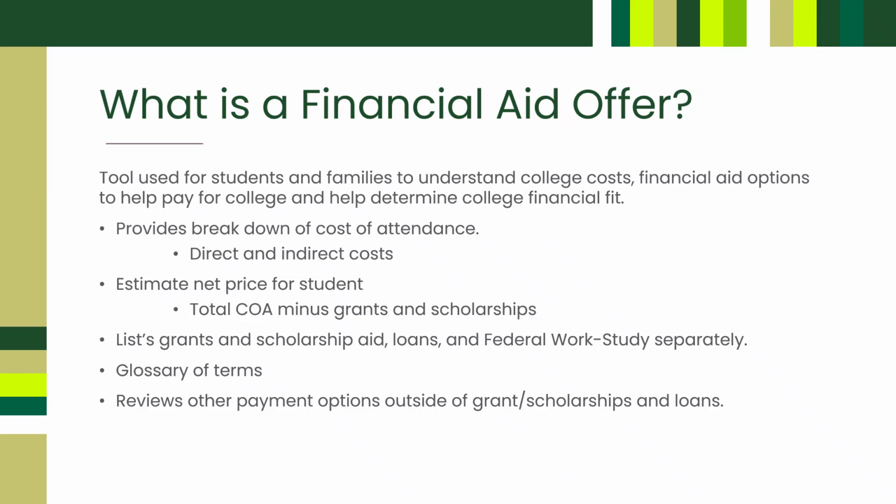Financial aid offers must include an estimate of a student's total cost of attendance, including a breakdown of the cost to be paid to the college or university and the cost paid to others, the type and source of financial aid being offered, and separated into grants and scholarships that do not need to be repaid, student loans or other financing that must be repaid, student employment or work, an estimated net price for the student derived by subtracting grants and scholarships from the total cost of attendance, and commonly understood terms and definitions or standard terminology.